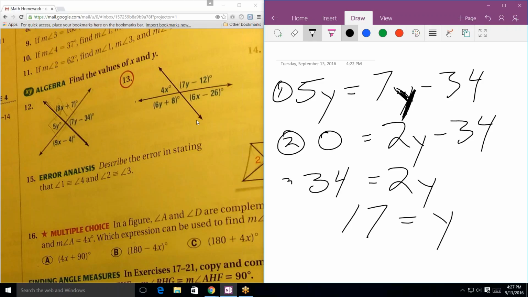To get to step 3, I had to add 34 to both sides, the addition property. To get to step 4, I had to divide both sides by 2, so I used the division property. Those are the technical names, but I really didn't need to know those names.